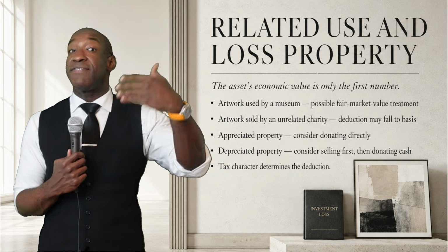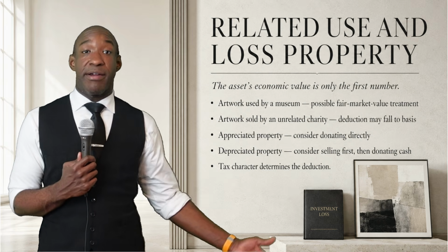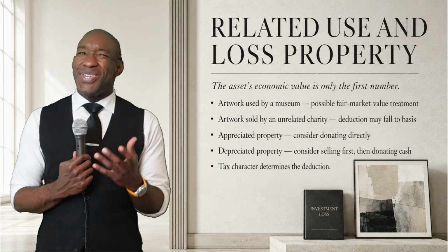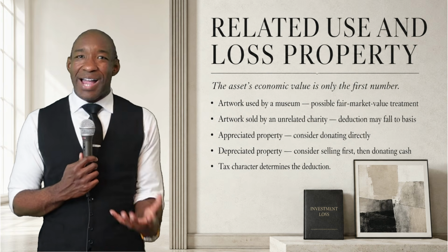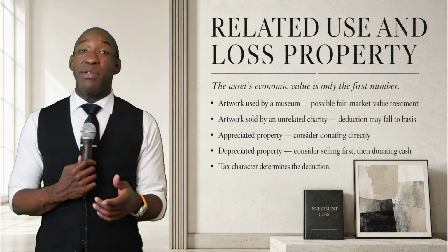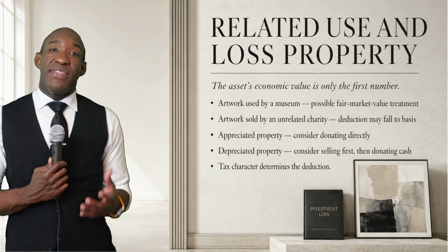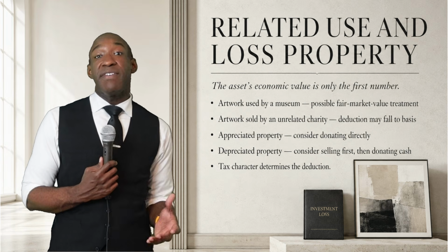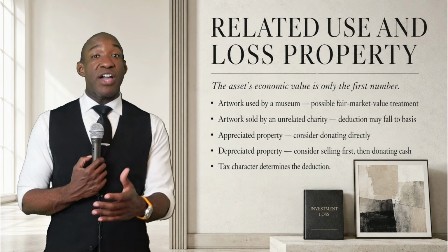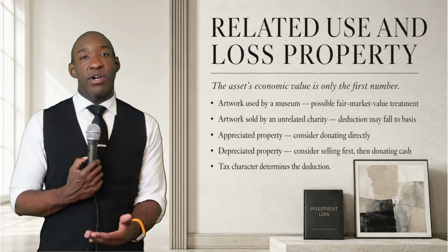Now, suppose the donor gives the same painting to a medical charity, and the medical charity immediately sells it to raise cash. The use of the painting itself is not related to the medical charity's exempt purpose. The deduction may be reduced to basis. This rule prevents a donor from receiving a full fair market value deduction for property whose special value is unrelated to the charity's work.